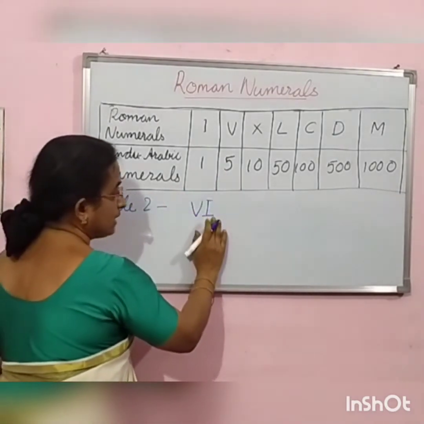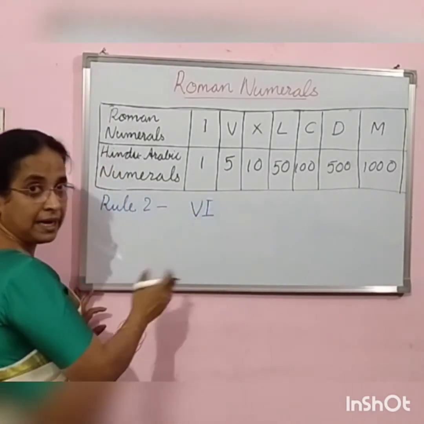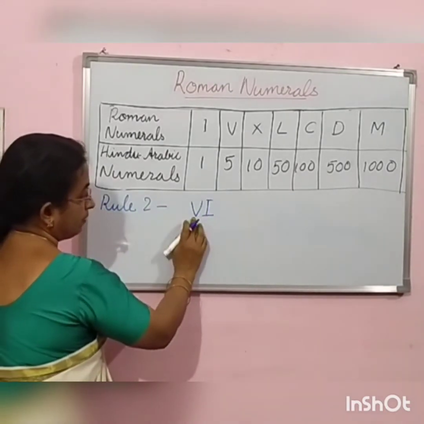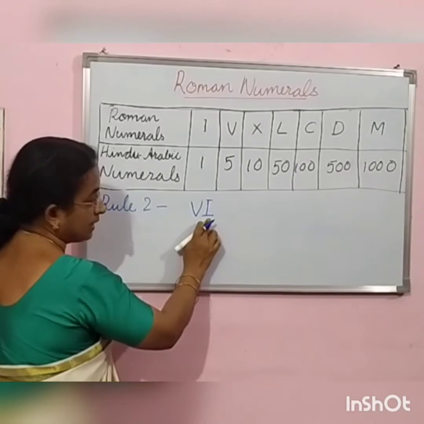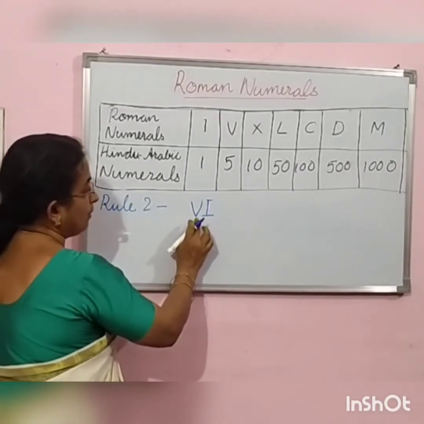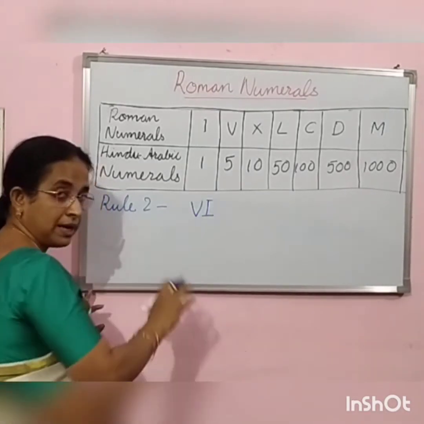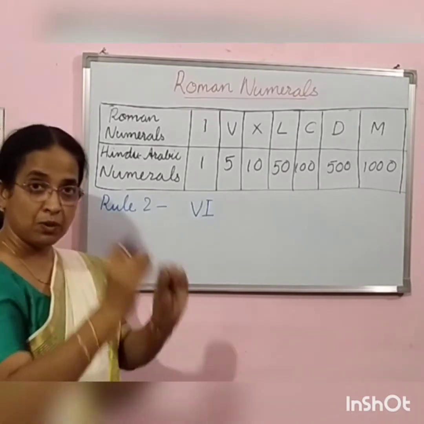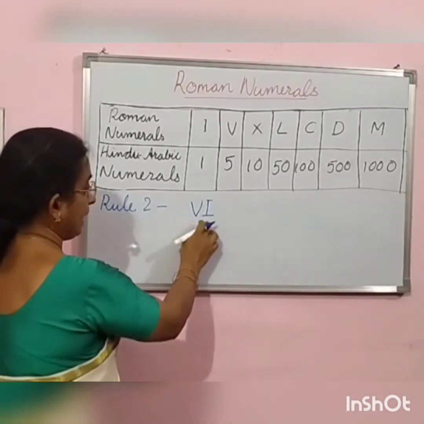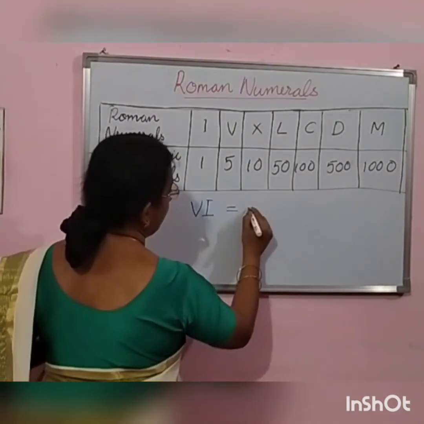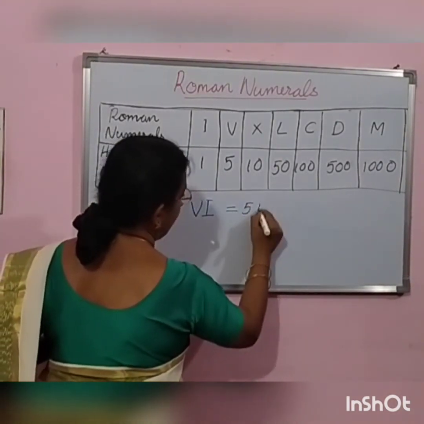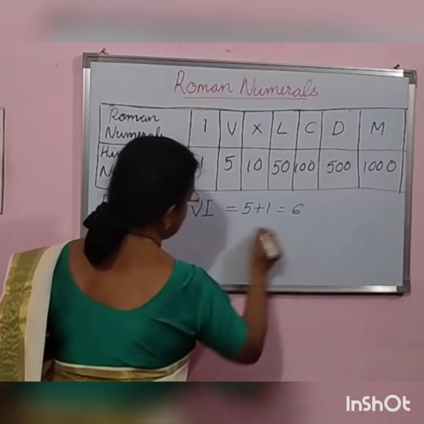That smaller one is right after the greater one. That is, after the bigger number we write the smaller number. Then it is added here. V means 5 plus 1, the answer is 6.